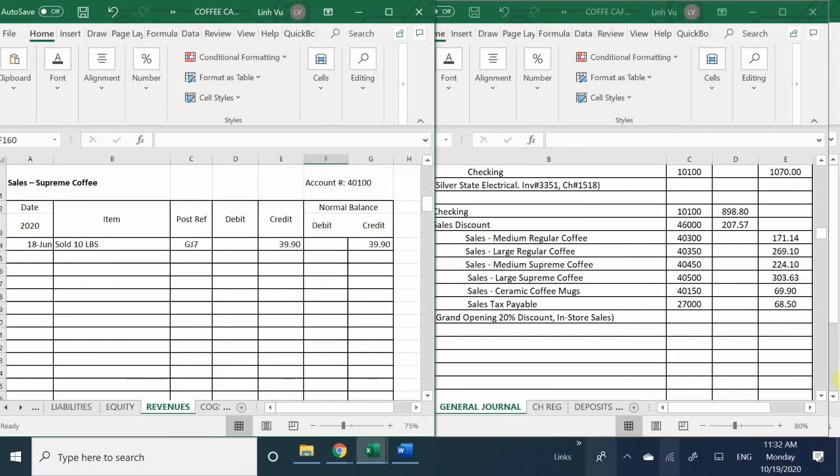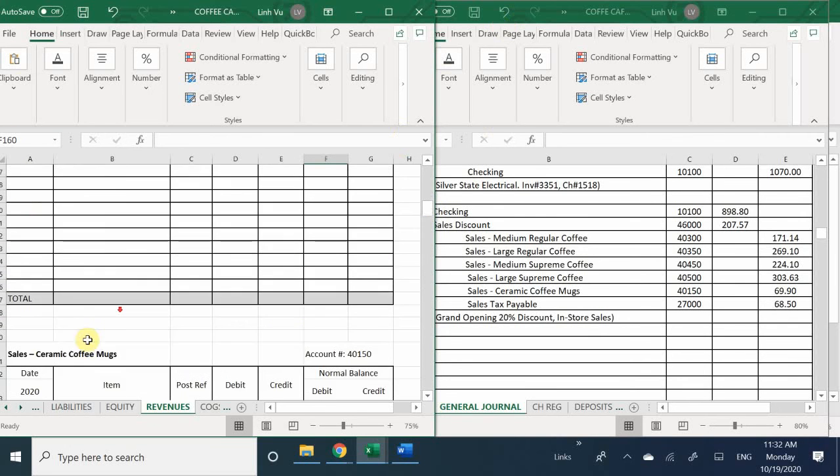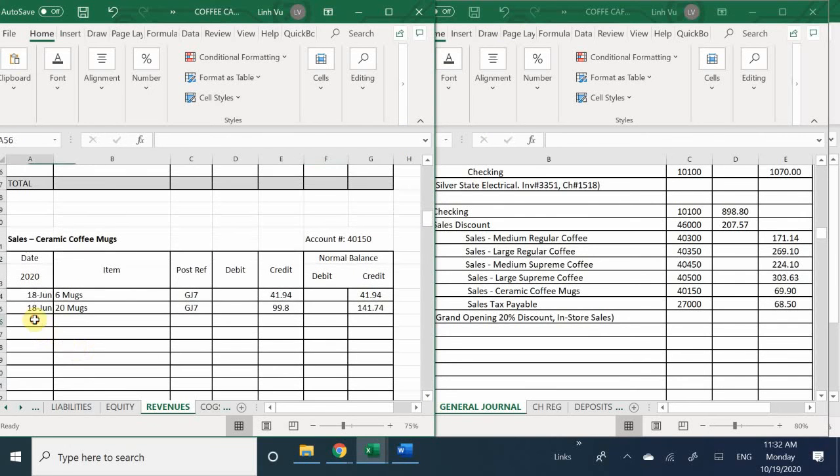All right. So here under Supreme Coffee, one more down. Here's my ceramic coffee mug, so June 19. How many coffee mugs did I sell? 10. Well, I should be more specific that I sold them, but that's okay.